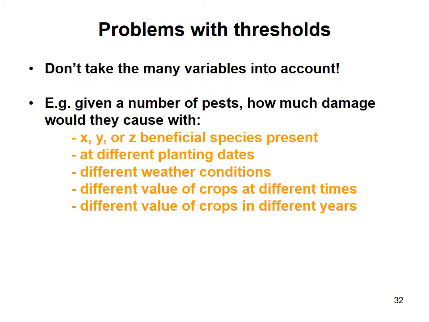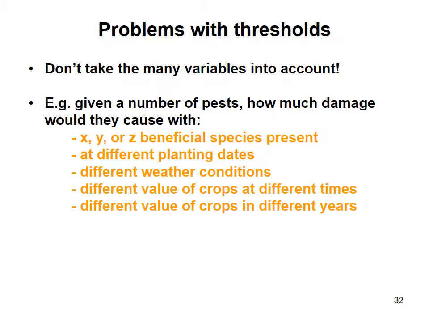So for example, given a number of pests, how much damage would they cause with X, Y or Z beneficial species present? How much damage would they cause at different planting dates, with different weather conditions, different value of crops at different times, different value of crops in different years. So these variables make it impossible to say that a particular pest means a set level of economic loss.